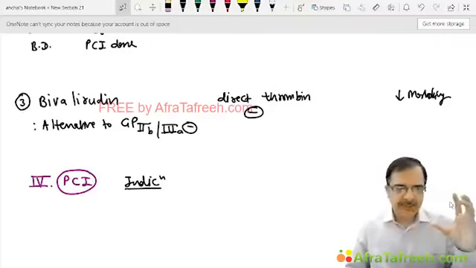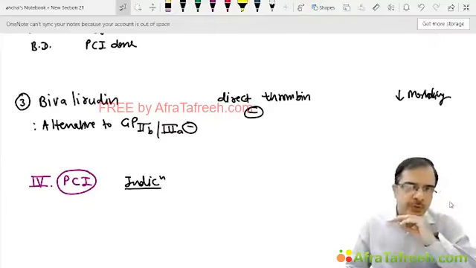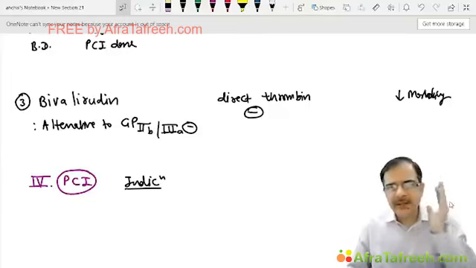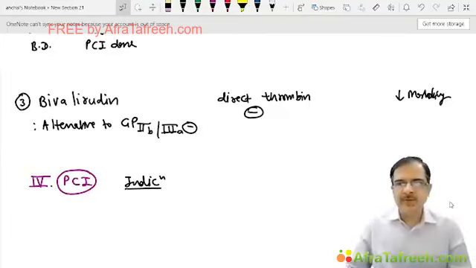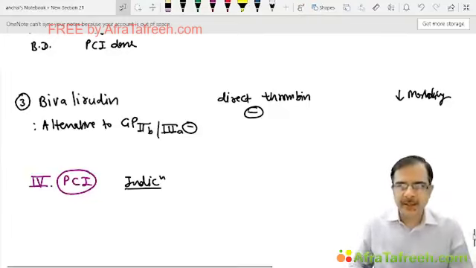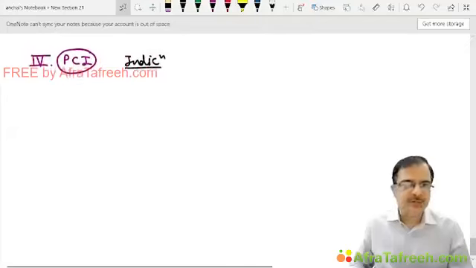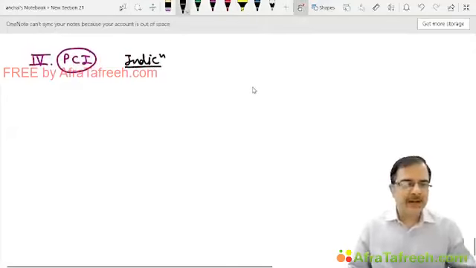In cases of non-ST elevation MI or unstable angina, the mainstay of treatment is standard conservative treatment. That means we give the three treatment options to the patient. We observe the patient, and if the patient is stable, we can discharge.